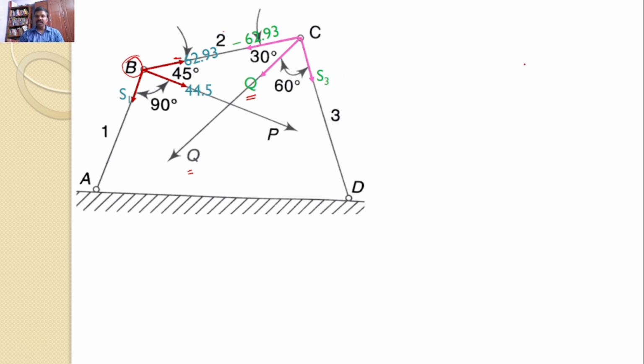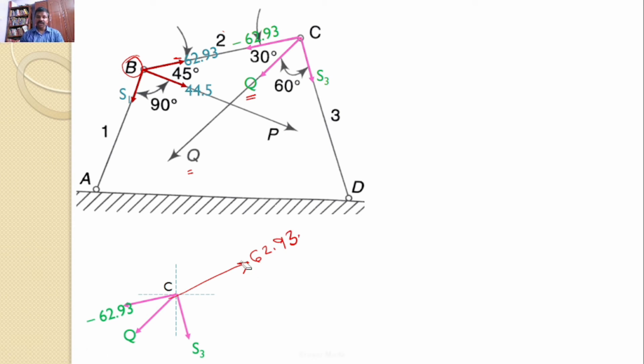Let us transfer all these three forces onto a separate XY plane so that we can analyze this problem easily. The first force I am transferring is Q. The next force is minus 62.93. The next force is S3. So here, by keeping the same direction, I am maintaining this minus sign. If anybody of you is interested, you can change the direction like this with a positive value of 62.93.